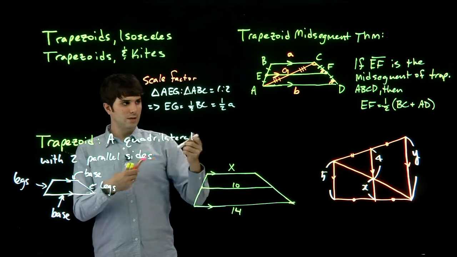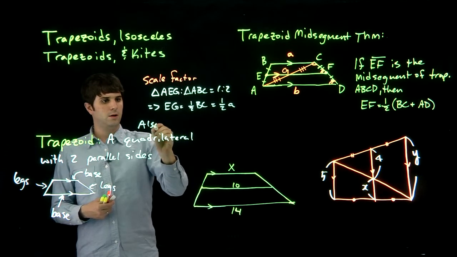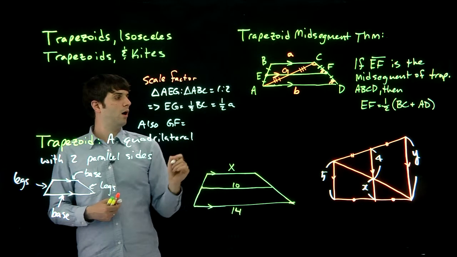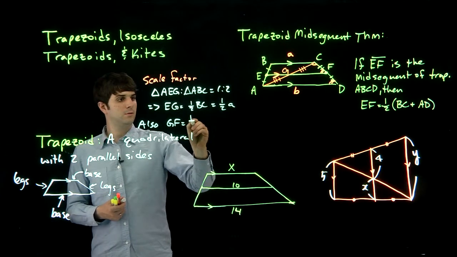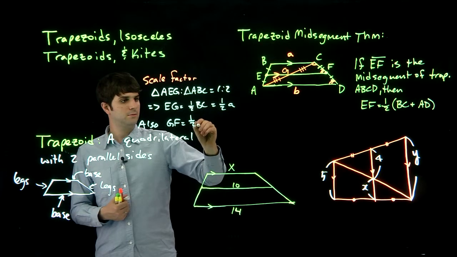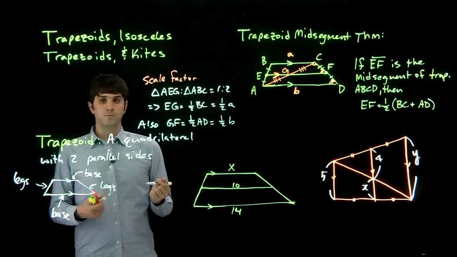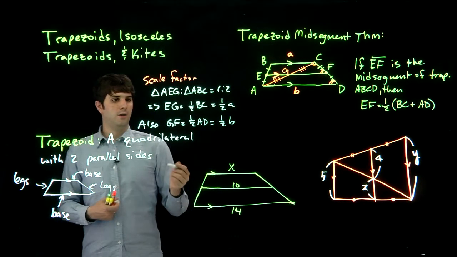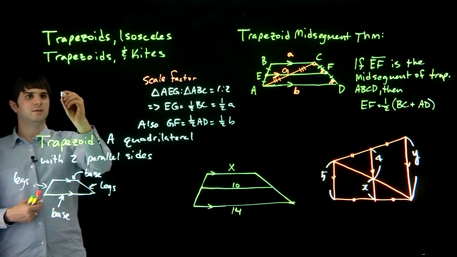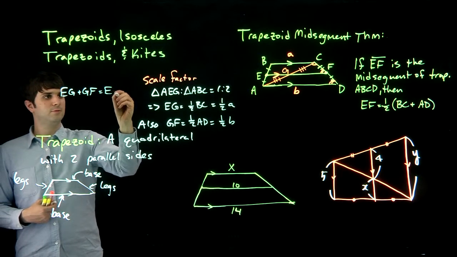Therefore, I won't write it all out, but GF equals 1/2 of AD, which equals half of B. So, using this, EG plus GF equals EF.